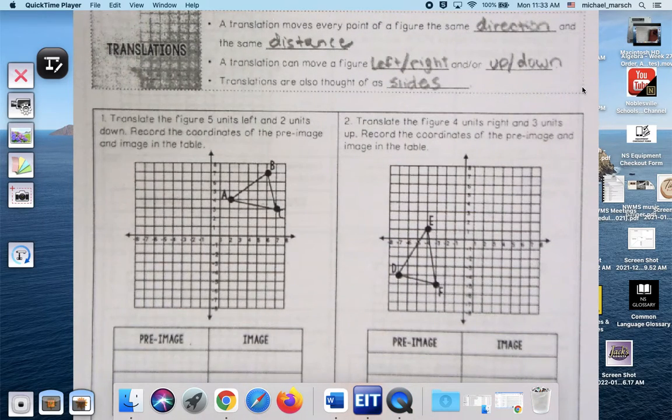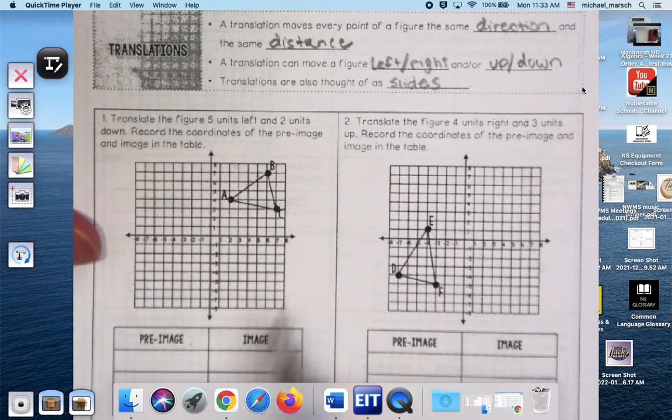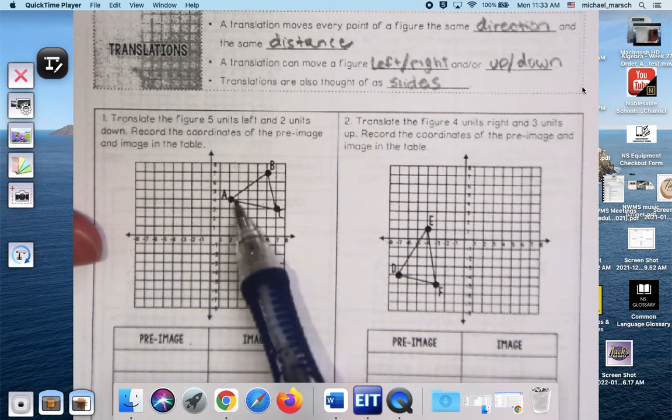So we're going to look here at number 1, and we're going to determine the ordered pairs of our pre-image.